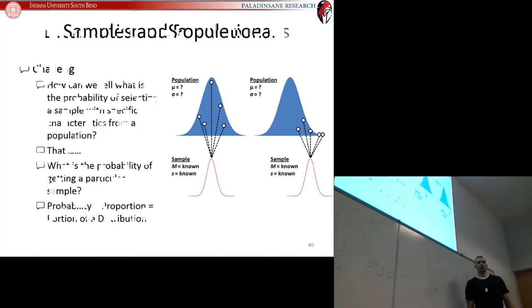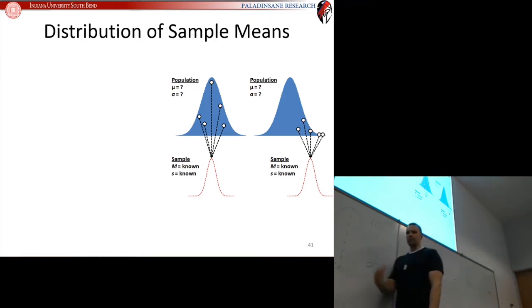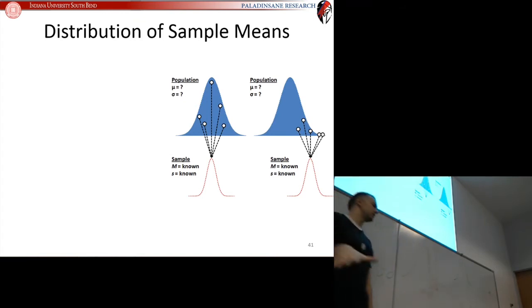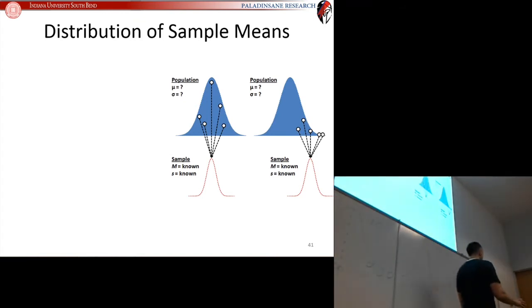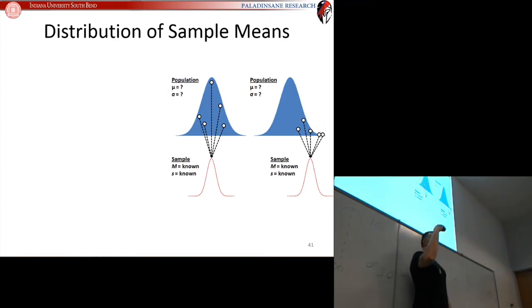So we're going to go over this a few times. I want to introduce it today so it can sink in over the weekend, because this is one of those items in statistics where your ability to deal with distributions is really going to pay off, because the distribution of sample means is literally like a distribution of distributions.